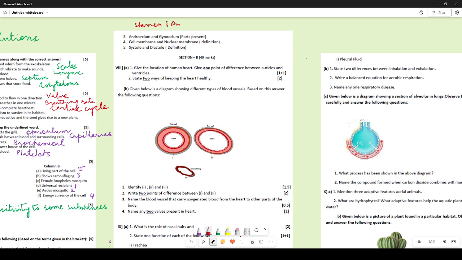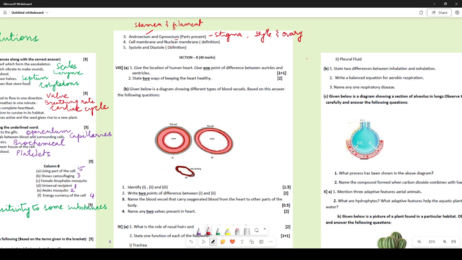Sorry, stamen and filament. Stamen and filament is present in androecium, whereas in gynoecium, stigma, style and ovary are the parts present.